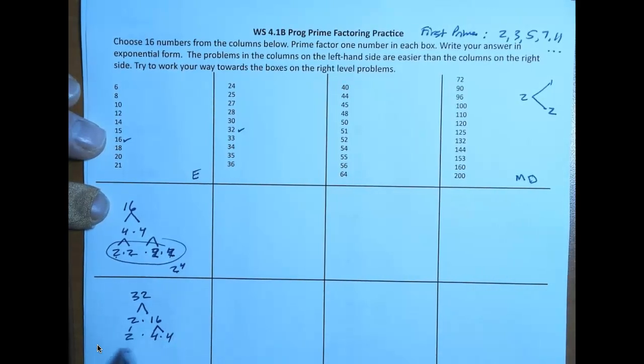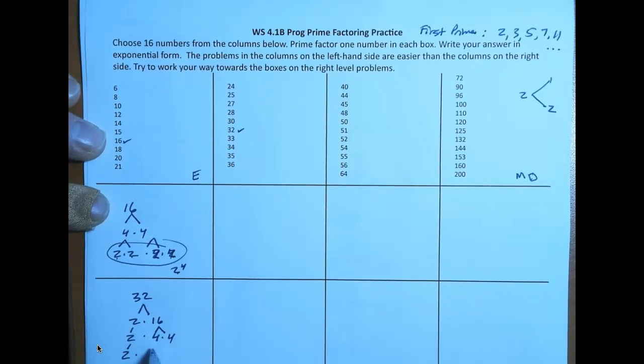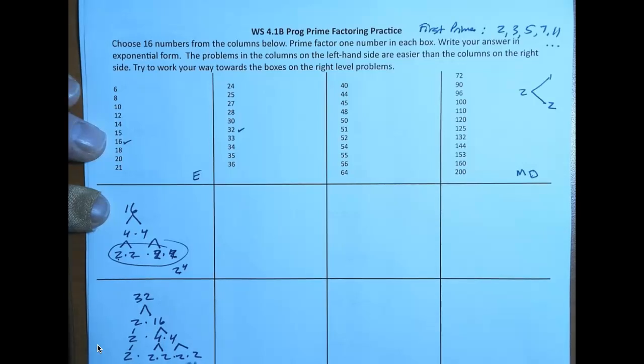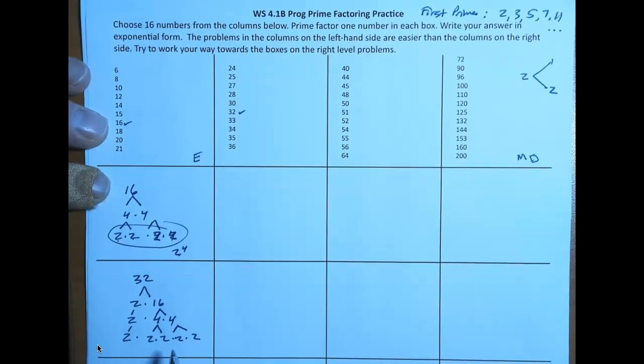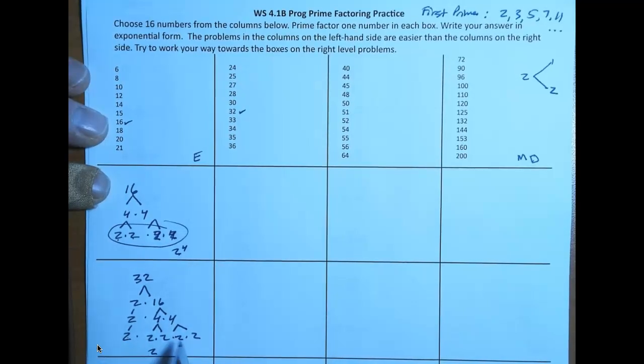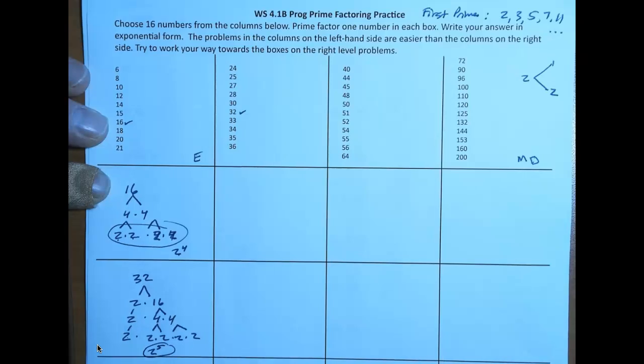This 2 is prime. These are not prime, so I can bring this down. These 2 I still have to break down into 2 times 2, just like I did above. Now I have a string of primes. They're all 2's, but expressing that exponentially, I have 2, and it's 1, 2, 3, 4, 5. This is 2 to the 5th.